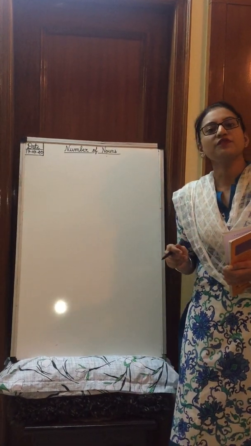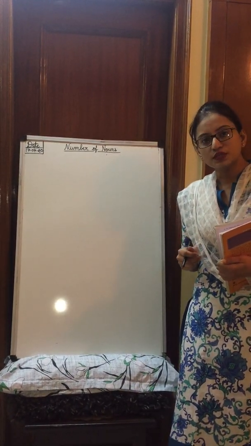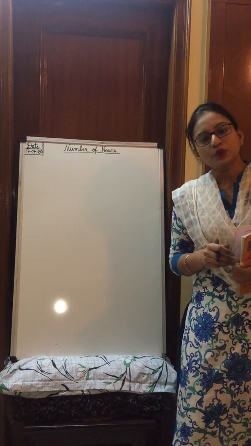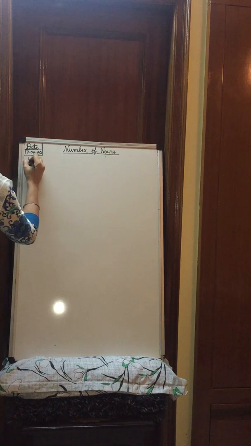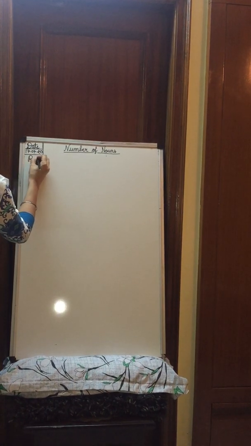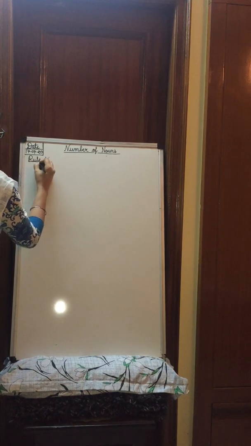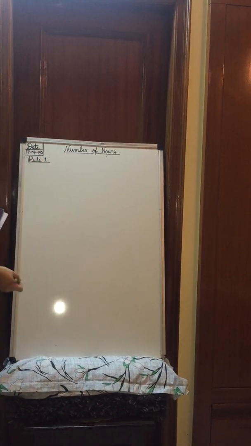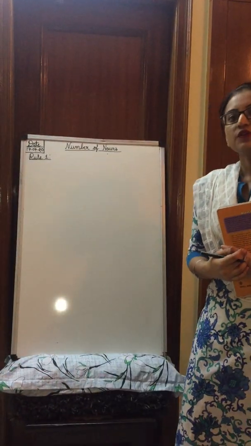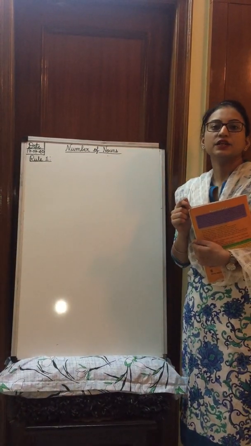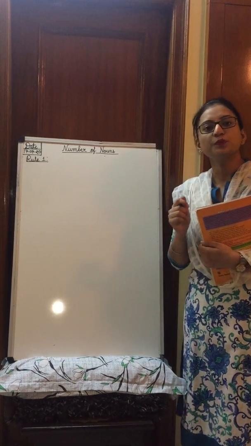Today one by one we will do all the rules of forming plural nouns. In rule 1, we add s to the end of the word to make it plural.